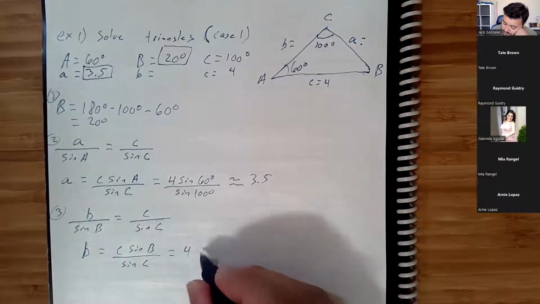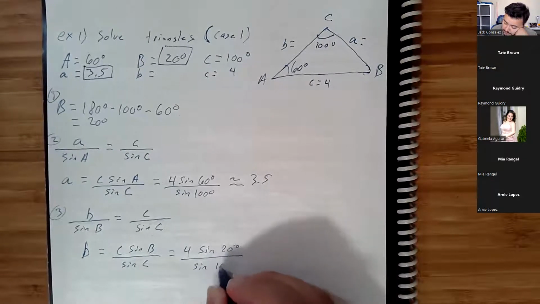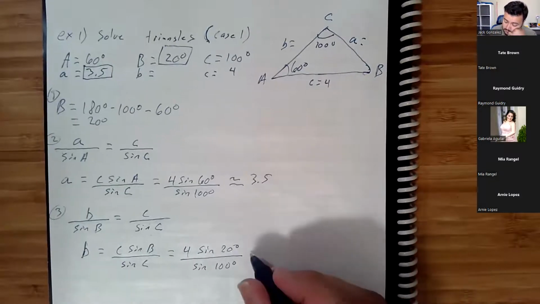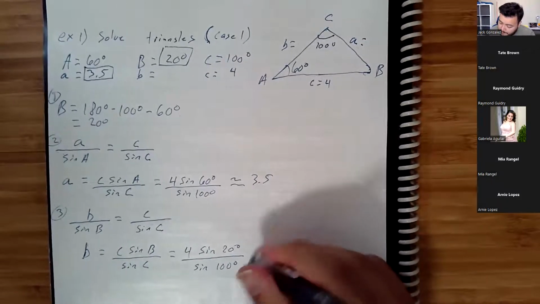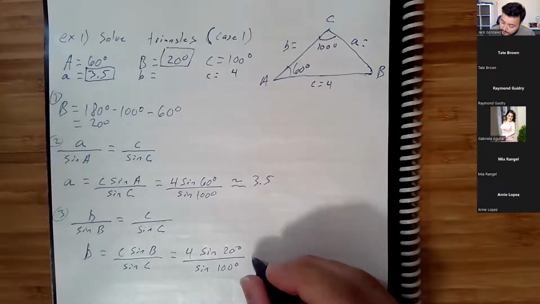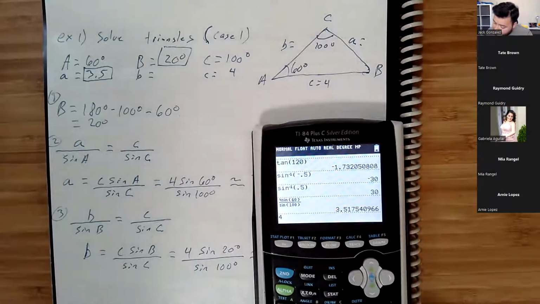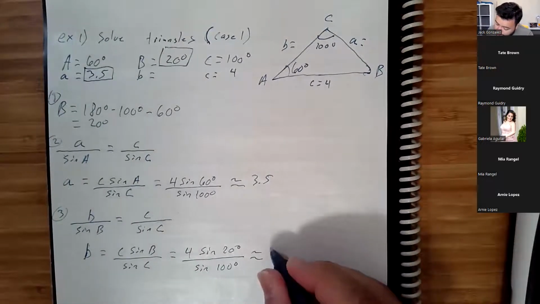That'll be 4 sine of 20 over sine of 100. At that point, it's calculator. So 4 sine 20. If you're not going to use the fraction button, put parentheses on everything on the bottom. 1.3938, so round to 1.4.